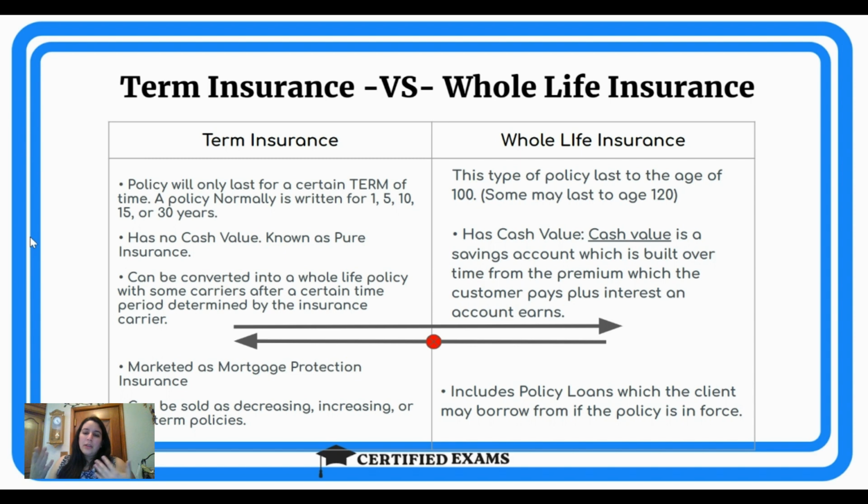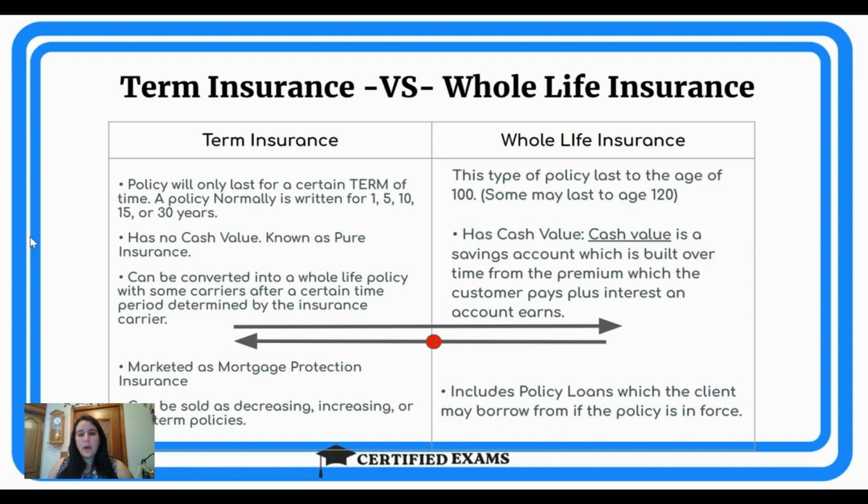Okay, guys. So one more cool thing that a whole life insurance policy has is that from that cash value, you can go ahead and take out policy loans for as long as you have your policy. Again, ideally and typically till age 100, as long as you keep paying your premium.